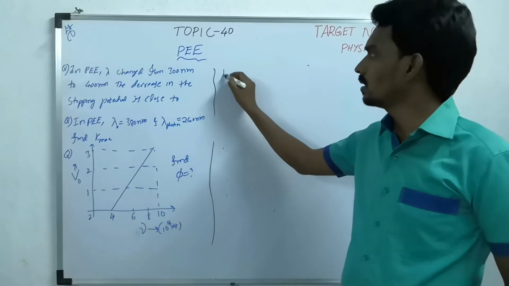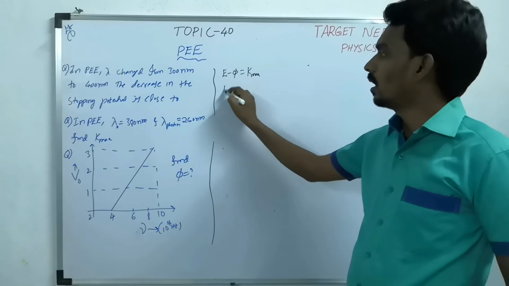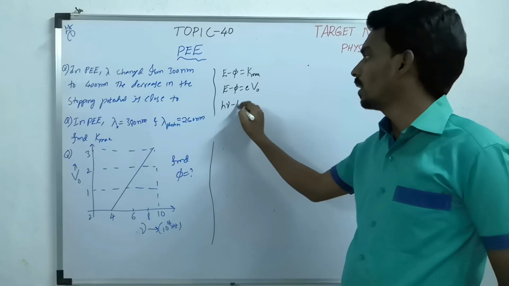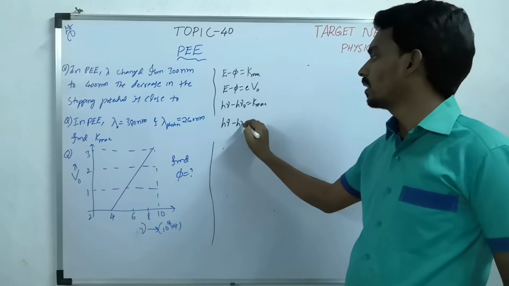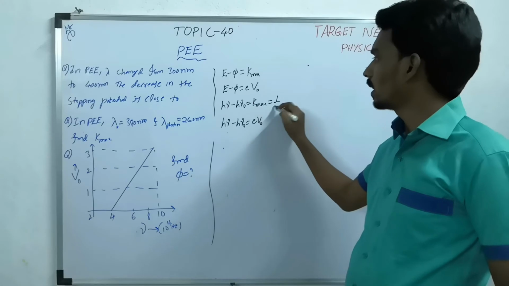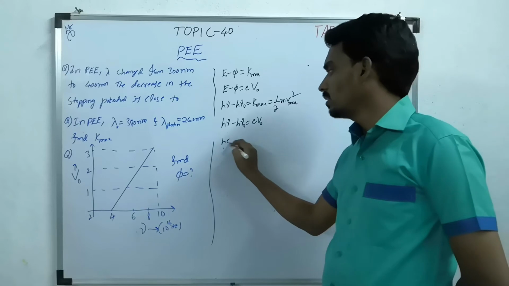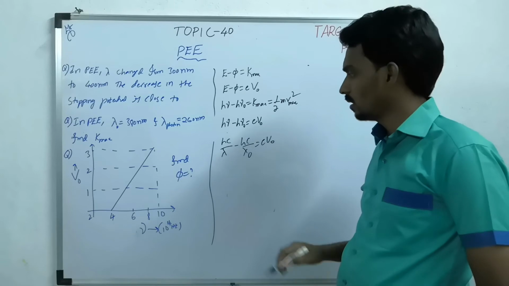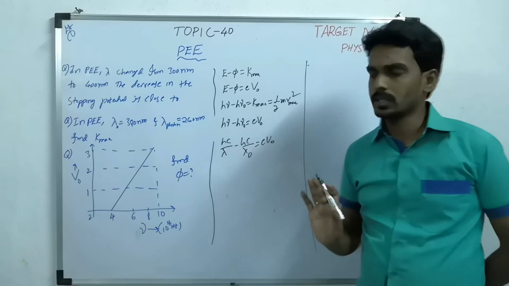The equation is E minus phi equal to K max, or E minus phi equal to eV naught, h nu minus h nu naught equal to K max, or h nu minus h nu naught equal to eV naught, or you can also write it like half m v max squared, or hc by lambda minus hc by lambda naught equal to eV naught. So this way you can manipulate the equation depending upon the given question.